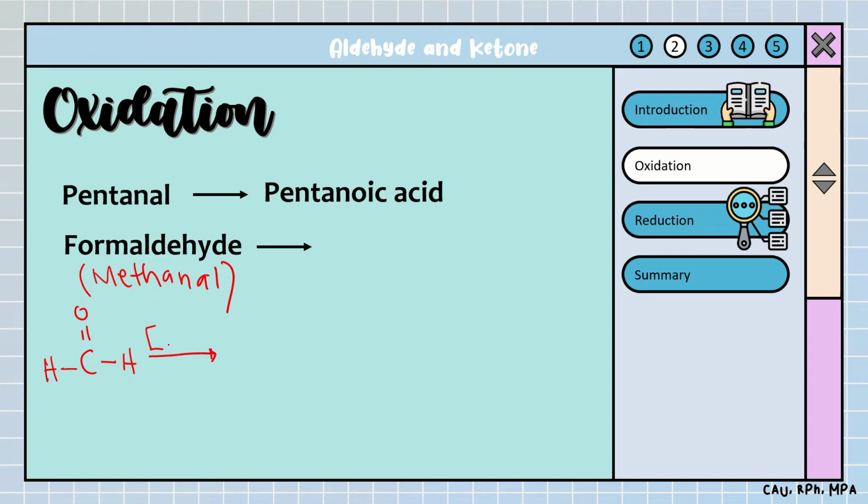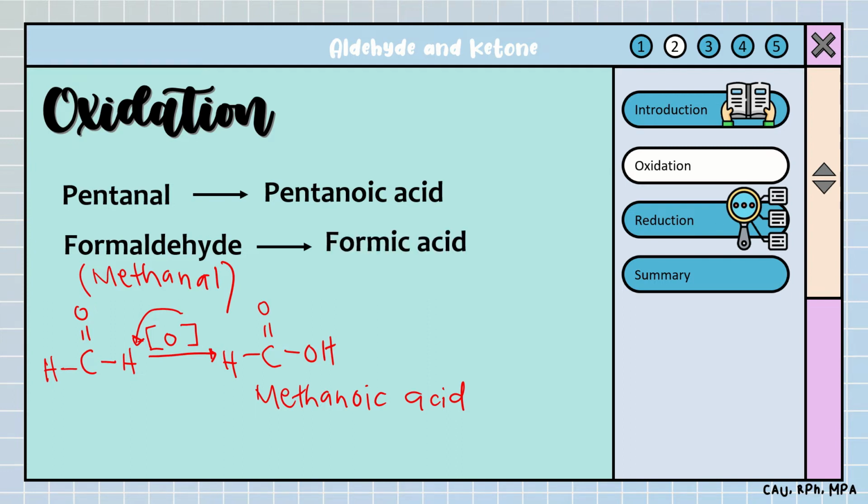And then there should be an oxidizing agent. So again, your oxygen will be bonded with our hydrogen. So therefore, the structure now will become a carboxylic acid, or it will now become your methanoic acid, or since this is formaldehyde, a common name, let's just have a common name for carboxylic acid. So that is formic acid.